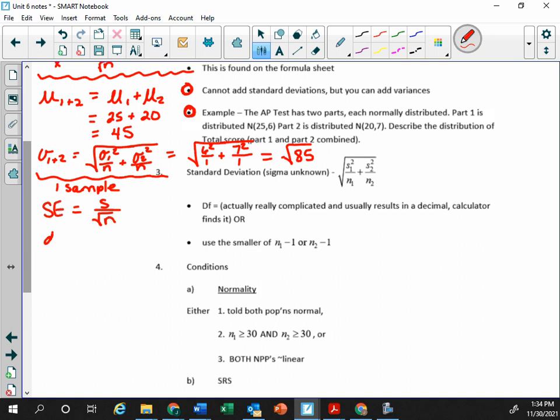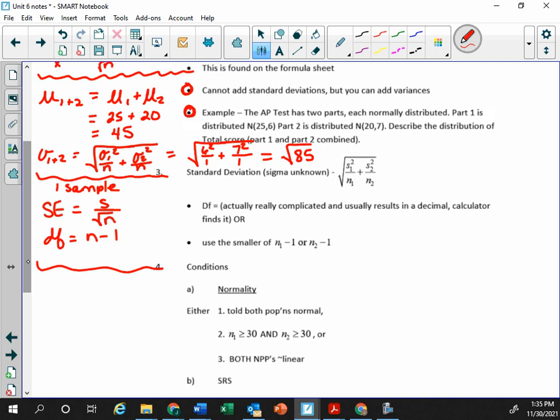And our degrees of freedom was always n minus 1. Again, if we're dealing with two populations here, it looks a lot like adding the variances together, but we don't know sigma, we only have S, so that's the formula we follow.